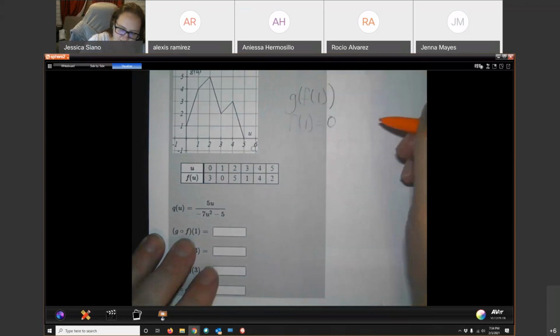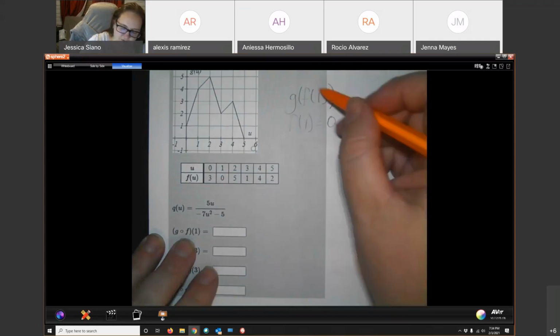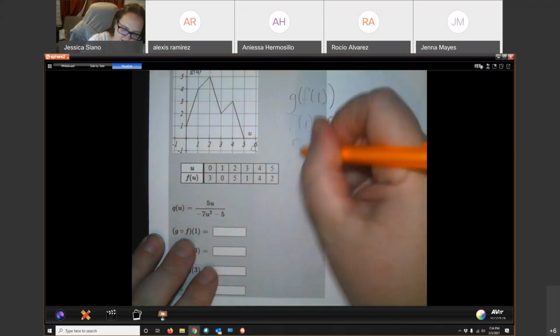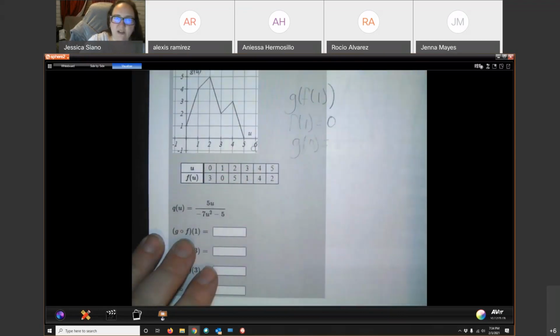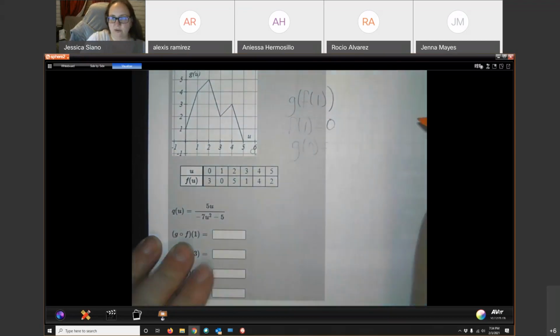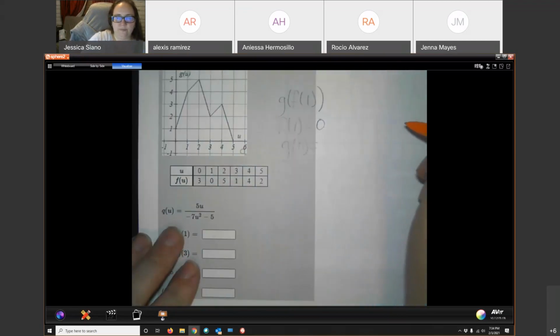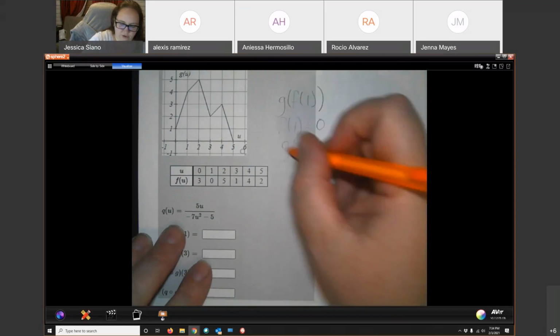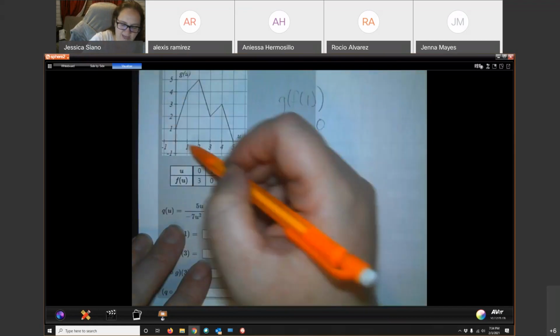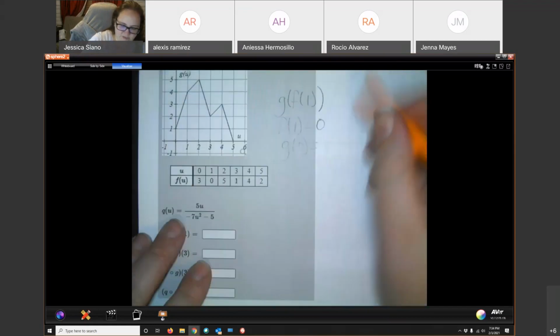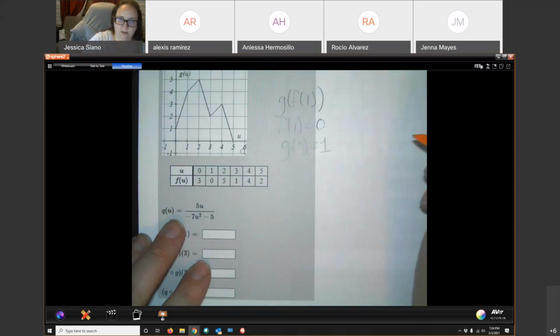So if I know that f of 1 is 0, then I can replace this f of 1 with a 0. And that means what I'm really looking for here is g of 0. So if I go on my graph at 0, g of 0 is 1.